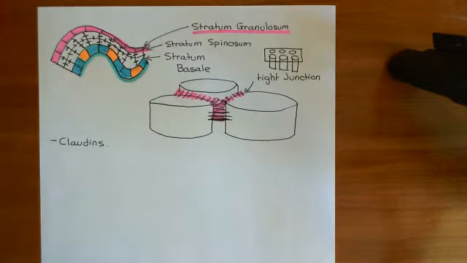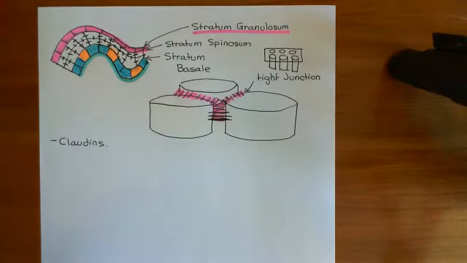Long ago, when we were discussing the different families of cell adhesion molecules, I said that the 4 main families were the cadherins, the integrins, the selectins, and the immunoglobulin superfamily cell adhesion molecules. And that's true. Another family that's a little bit more minor is the claudins, but they're very important in the formation of these tight junctions between cells.